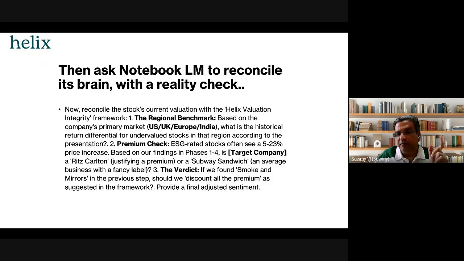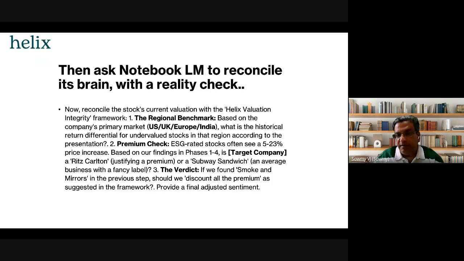So we are telling Notebook LM, ESG rated stocks often see a 5 to 23% price increase based on our findings. Is the target company justifying a premium, or is there a Subway sandwich, right? So you're going to get that.